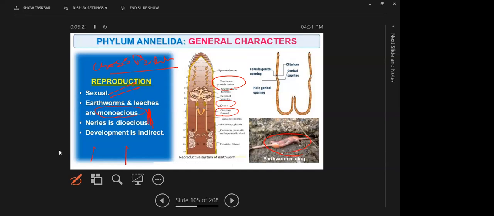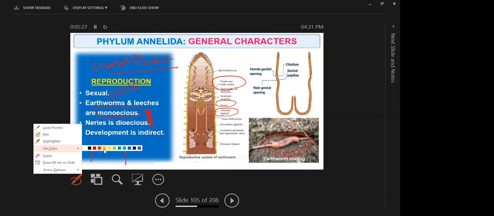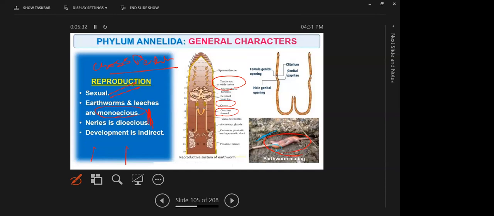Now I want to talk about clitellum. Here, can you see the clitellum of this earthworm and the clitellum of this earthworm? So what is the clitellum? Clitellum is the unsegmented part of the earthworm. Look here, all of you. Above the clitellum you can see the female genital pore, and below that you can see the male genital pore.